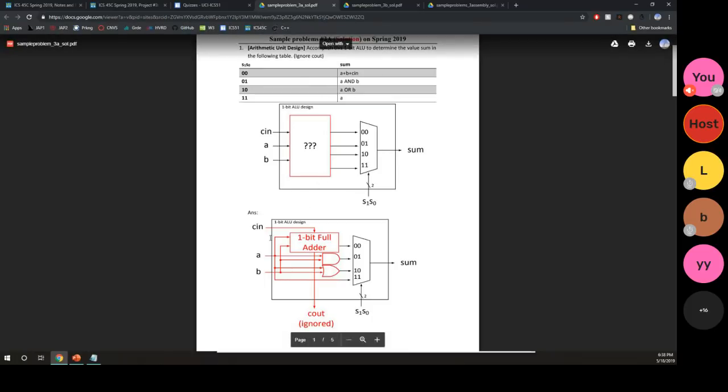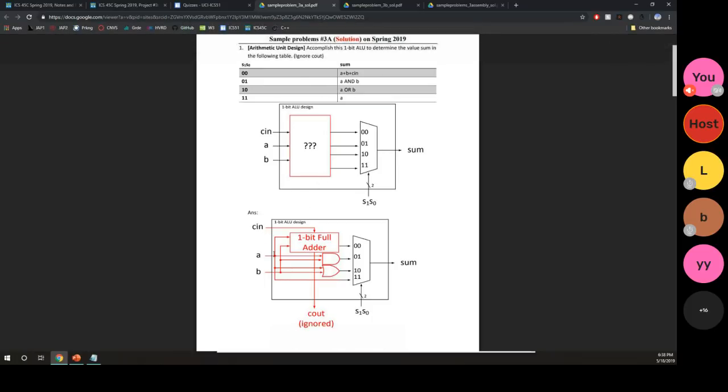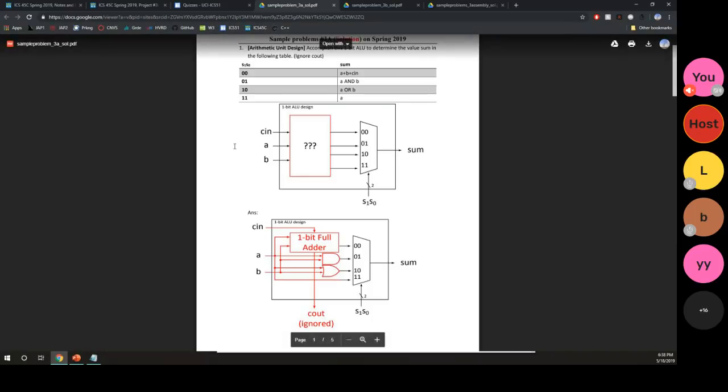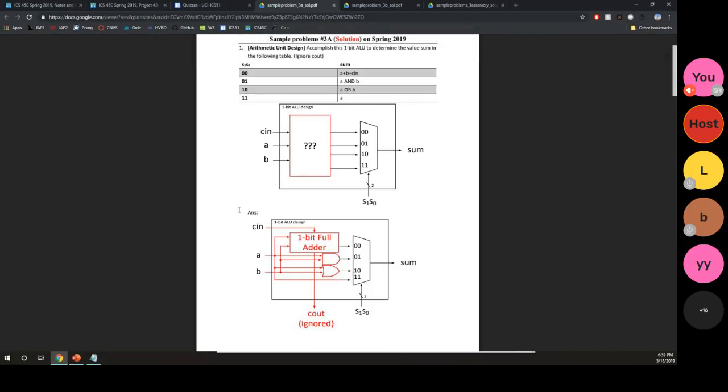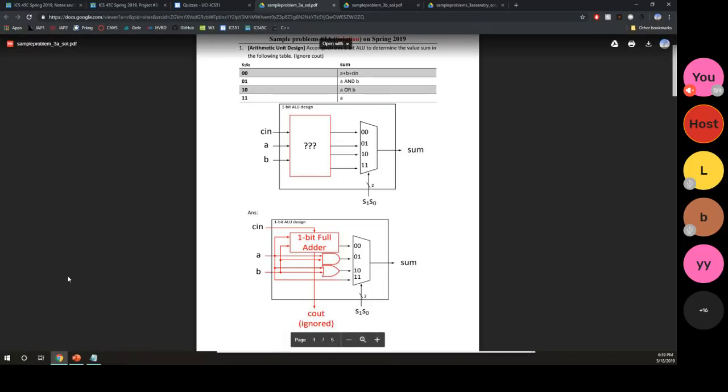The jump is like if you have a line going down and you jump over a line, it's like a little hump. And then it's the adder, which takes the C in, the A and the B, and adds them.